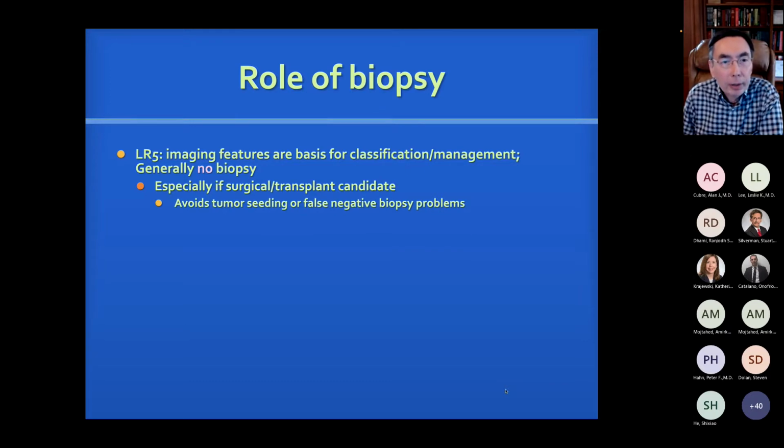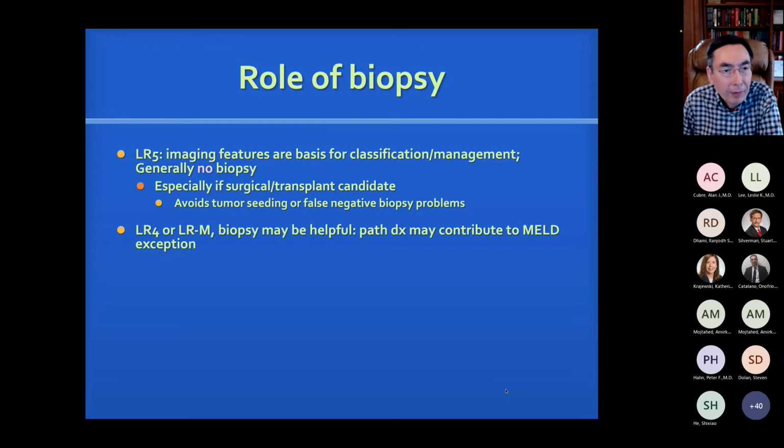But you're also avoiding the possibility of tumor seeding with a biopsy. But if you have an LRM mass, in other words, we're not confident that it's HCC, biopsy may be essential and will guide decisions about surgery or non-surgical management. If it's an LR4, again, it may be appropriate to do a biopsy once it's reviewed by the liver tumor board.